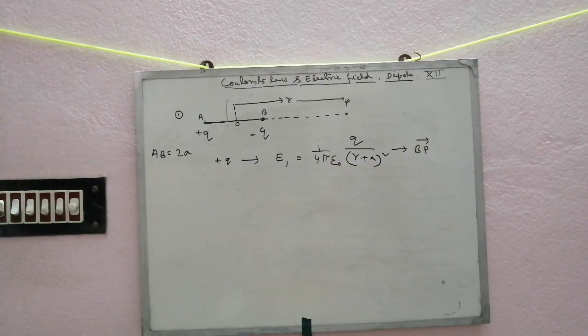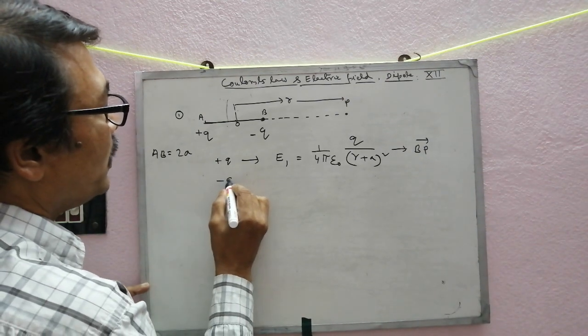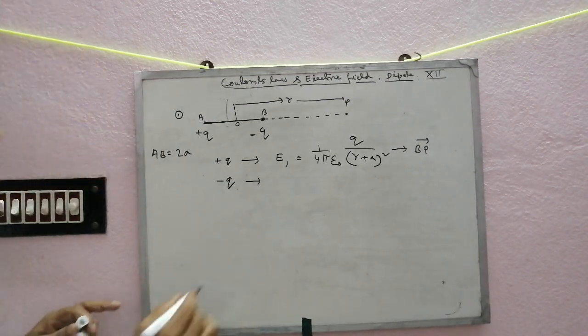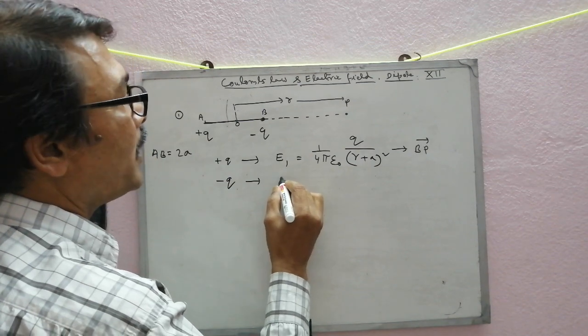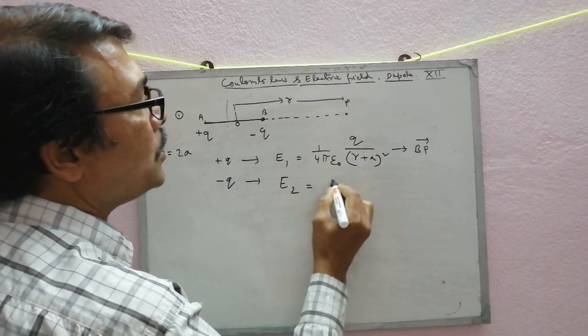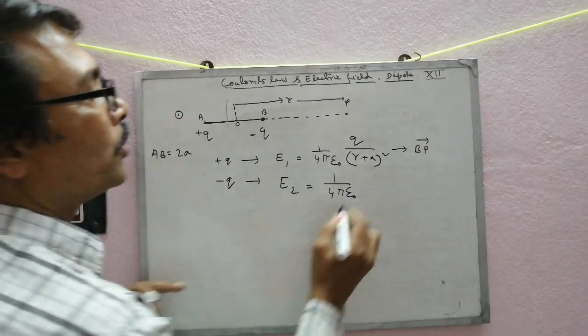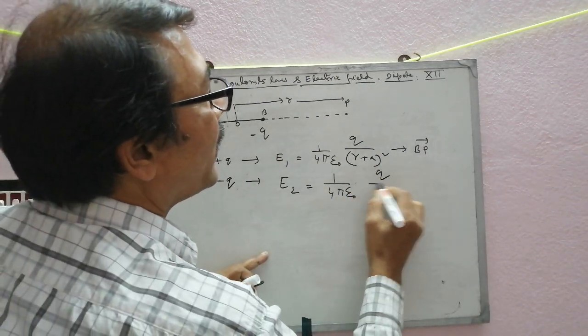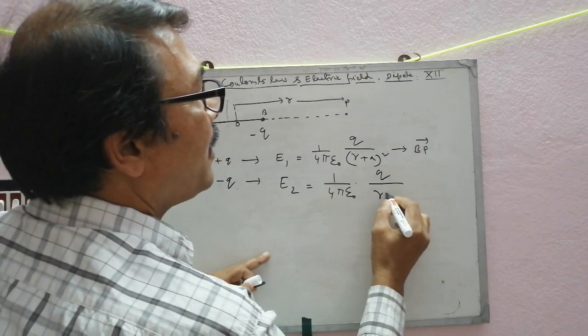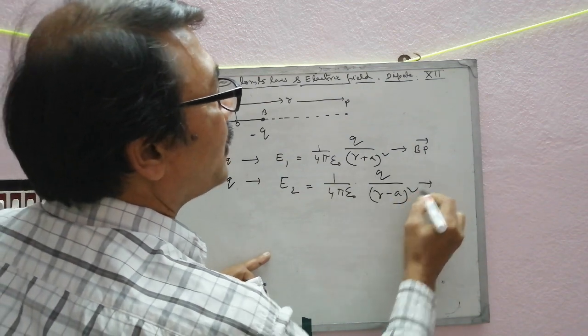B to P. Similarly, the electric field due to the negative charge, that is minus Q, we suppose it E2, 1 by 4 pi epsilon naught Q by R minus A whole square.